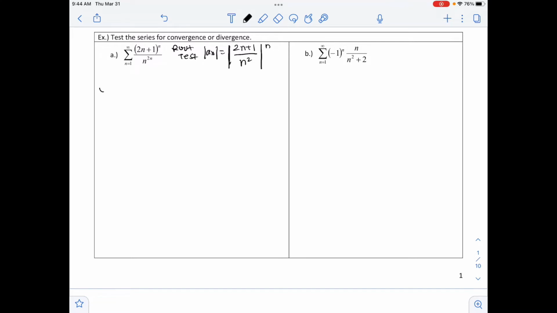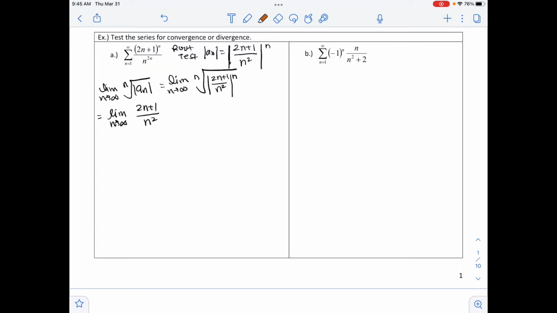So then we have the limit as n approaches infinity of the nth root of the absolute value of a sub n, which is going to be the limit as n approaches infinity of the nth root of the absolute value of 2n plus 1 over n squared, all raised to the nth power, which is going to equal the limit as n approaches infinity of 2n plus 1 all over n squared.